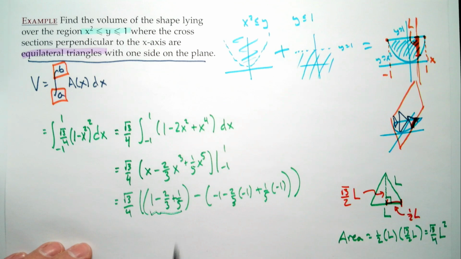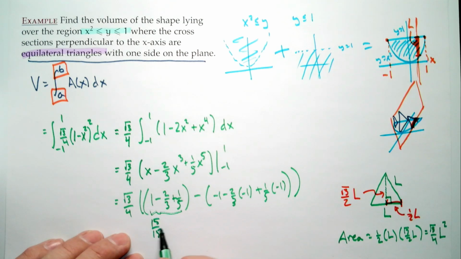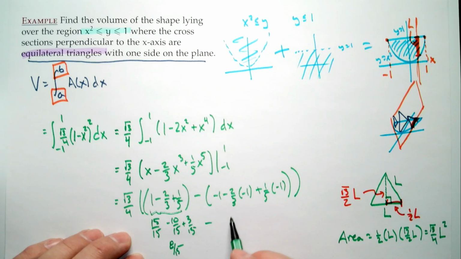Let's work on this one. Common denominator of 15ths. So you get 15/15 minus 10/15 plus 3/15. You put that together, and you end up with something 15ths. No, it's 8/15. It's not just something. This is going to be minus 8/15. I'm just really fast at that.